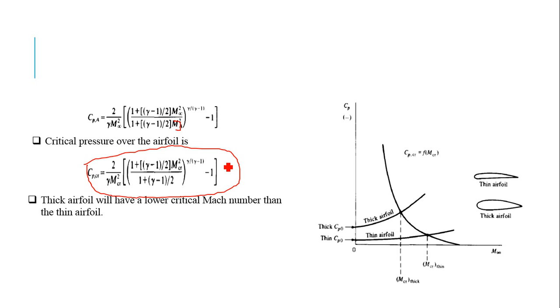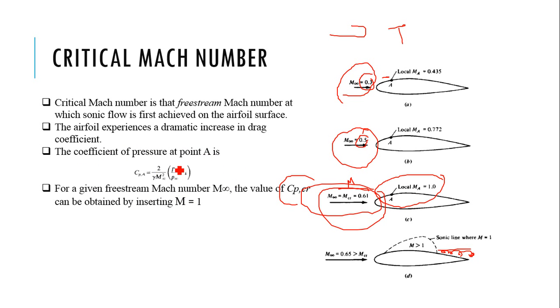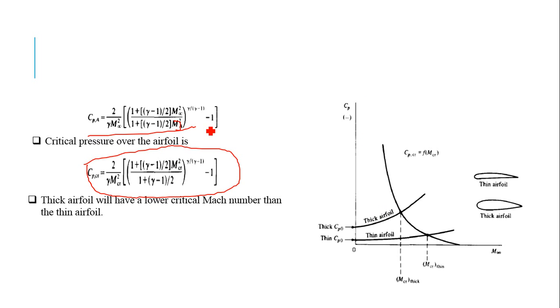This equation comes from the pressure ratios, that is, P divided by P naught, rho divided by rho naught formulas, which you all have studied. By substituting the formulas, we get the coefficient of pressure at the local point over the surface of the airfoil as CPA equal to 2 divided by this formula.